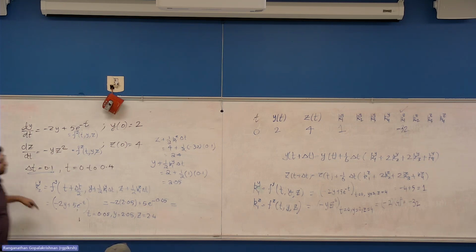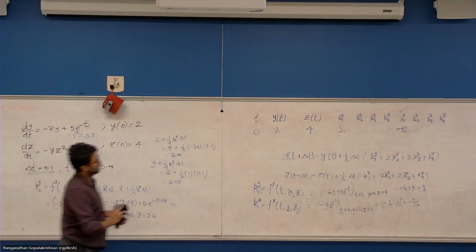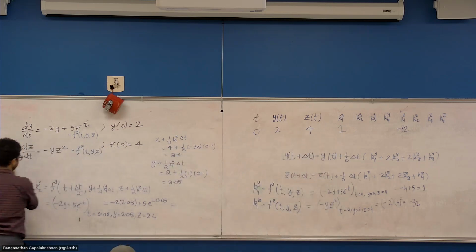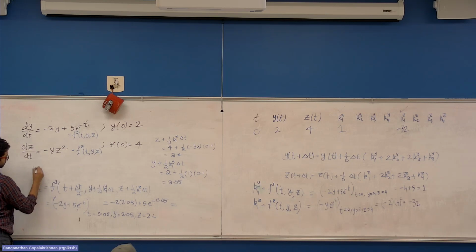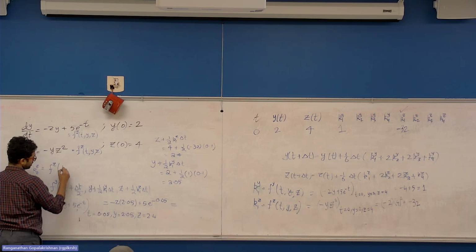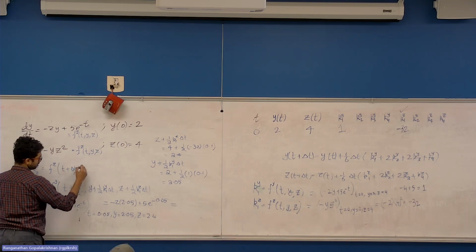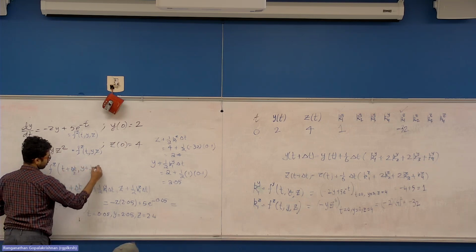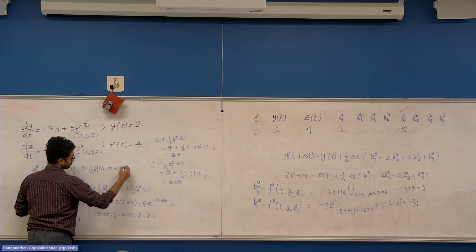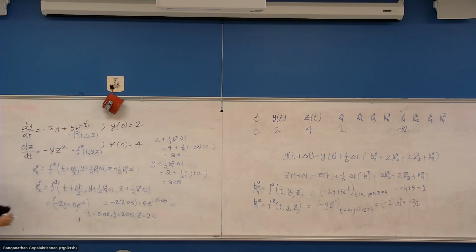And just like you do k2y, please do k2z also. K2z is fz of the same arguments, t plus delta t over 2, y plus half k1y delta t, z plus half k1z. Yep. So kindly compute k2y and k2z. I'll be back in 1 second.